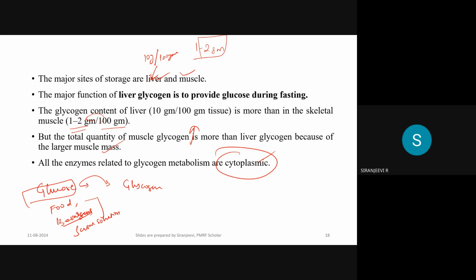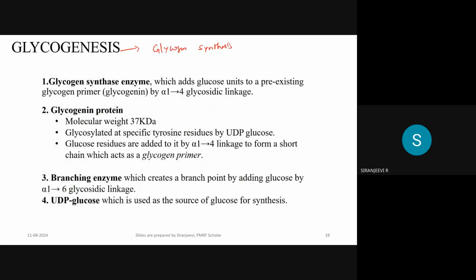That is how it starts, and this is stimulated by the insulin hormone. Genesis means synthesis, so glycogenesis is nothing but glycogen synthesis.